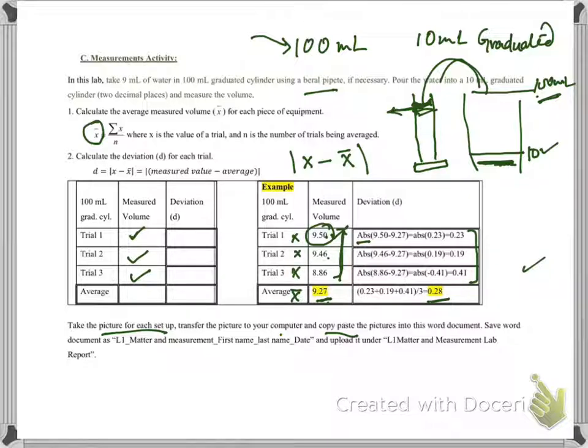Then you will save the Word document as L1, Lab 1 Matter and Measurement, then your first name, your last name, and today's date. And then you're going to upload it under L1 Matter and Measurement Lab Report. Again, it is on Canvas and you can upload it there.